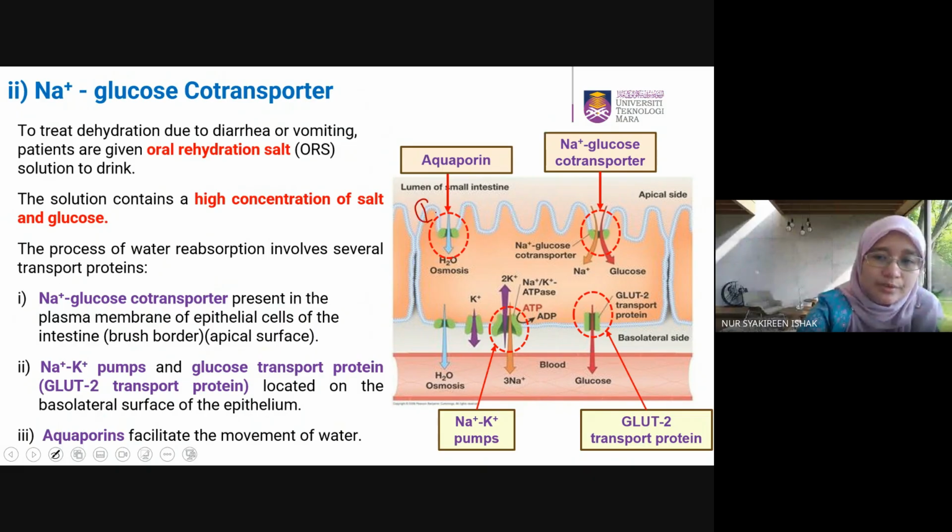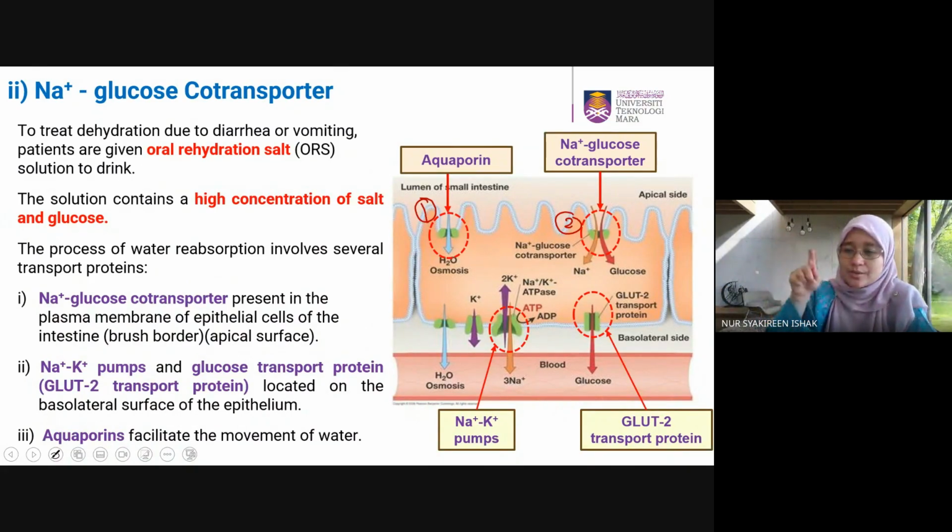Okay, ini yang satu, dia ada aquaporin. So another transport protein here we have the sodium ion glucose co-transporter. Awak makan ada garam, awak makan ada gula kan, daripada nasi awak makan semua tu kan. So this sodium ion glucose co-transporter helps to transport the sodium into the cell and the glucose also into the cell.